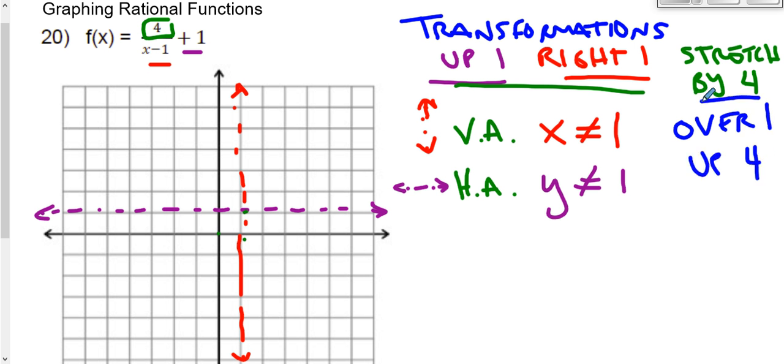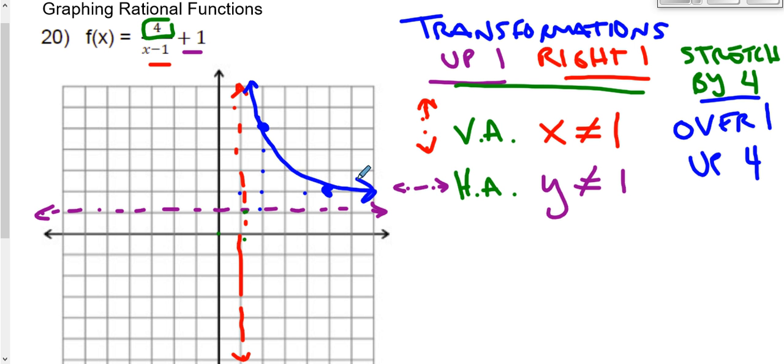That's what my stretch is going to do. So over 1 and up 1, 2, 3, 4. That's the first point of my actual graph. Now if you're interested in using the second point, I can also move up 1 and over 4. That's also a point on this graph. And then we can connect these dots and move them close to the asymptotes without ever actually reaching.